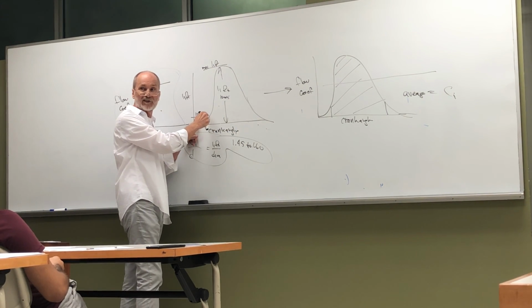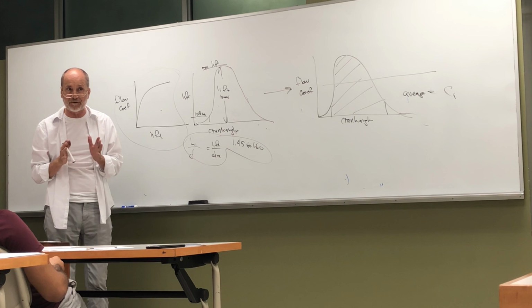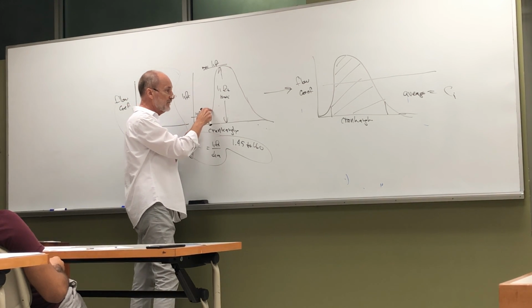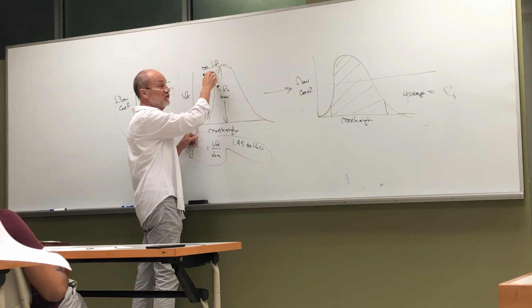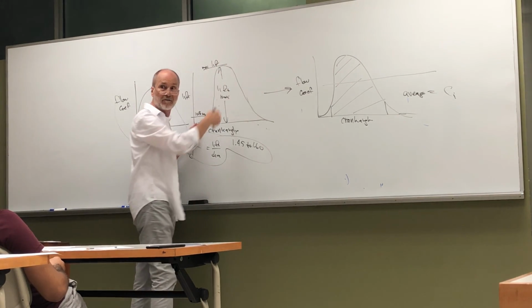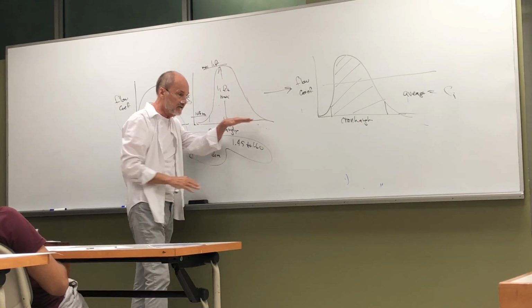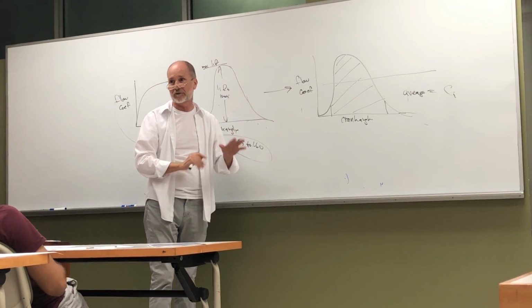You open slowly at first because you want to take up the valve lash, so you don't bang pieces together. Then you go to your maximum lift rate, then you slow down again because you don't want the valve to be thrown off the tip of the cam. Then it comes back down and you slowly set it on the seat so it doesn't bounce.